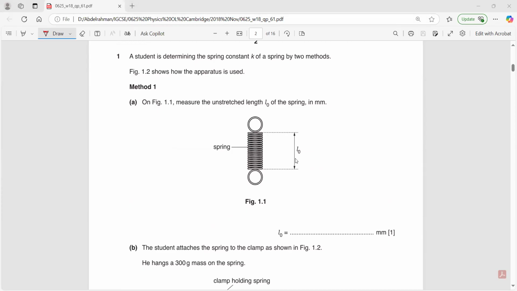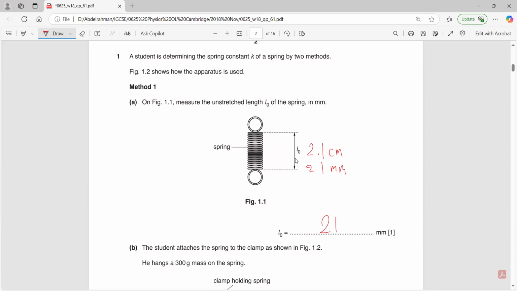If we use the ruler to measure the distance between these dotted lines, it should be around 21 millimeters, or 2.1 centimeters, if you printed the paper. So in the answer, we should write down 21 millimeters.